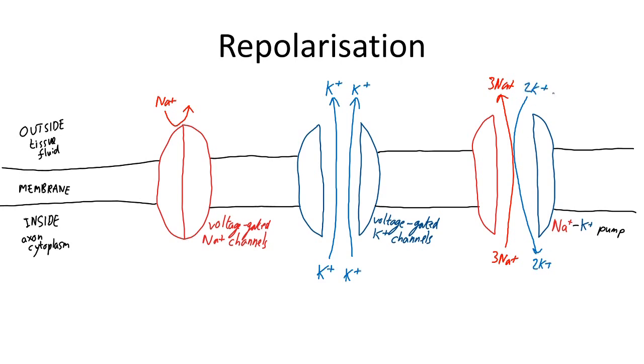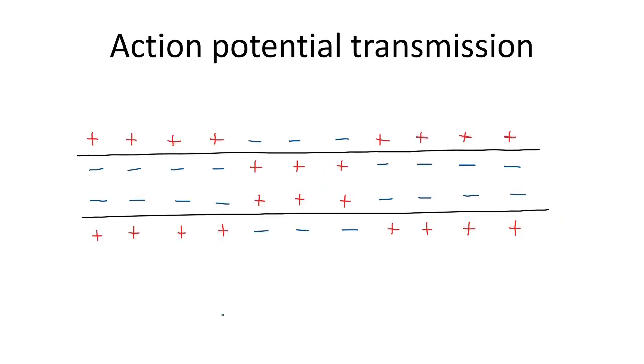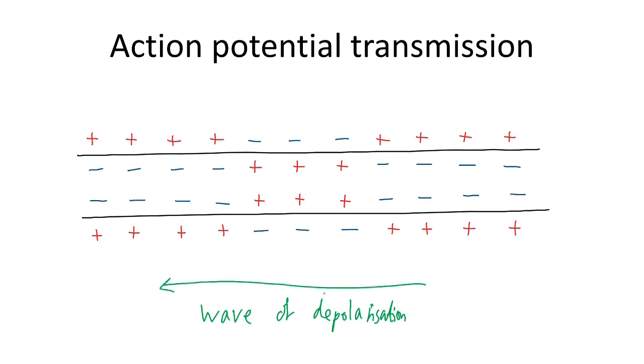So again, this is removing net positive charge because it's removing more positive ions than it's bringing in. So once we've initiated the action potential, we get a wave of depolarization along the membrane. This means that once we've begun an action potential, it will continue along the neuron on its own.